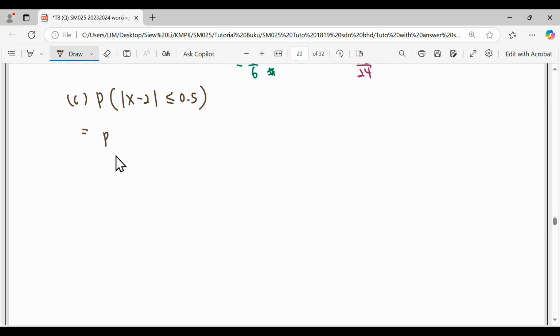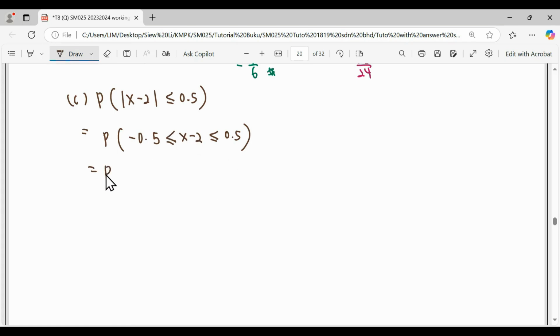When you want to open this modulus less than, it will be negative 0.5 less than x minus 2 less than or equal to 0.5. So it will be in an AND definition. We simplify this modulus less than, so we put negative for this value.